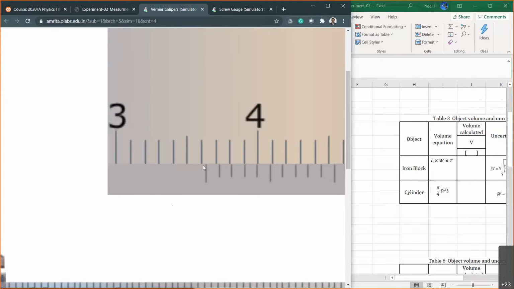You can see immediately what the accuracy is, because this is a small gap, maybe 1/4 or 1/3 of a millimeter. If you use only the centimeter-millimeter scale, that is the meter ruler, there's no way you can estimate that gap. I can go to half a millimeter by estimation, that's all.